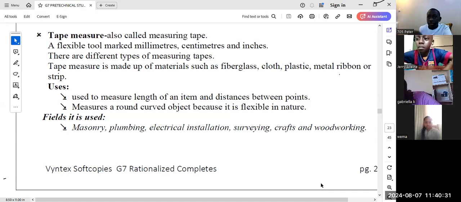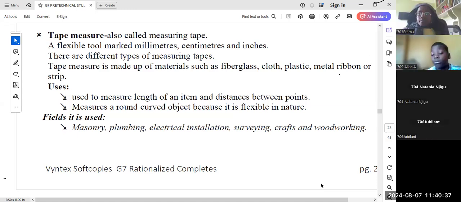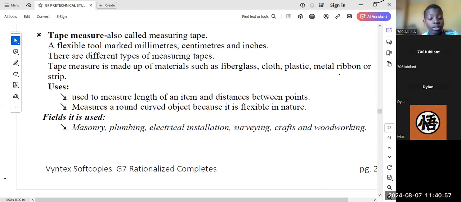Gabriela. Yes, good morning. Okay. Njigu. Natania. Yes, how are you? Fine. Okay. Emma. Yes, good morning. Alan. Yes. Are you okay? Yes. Perfect.